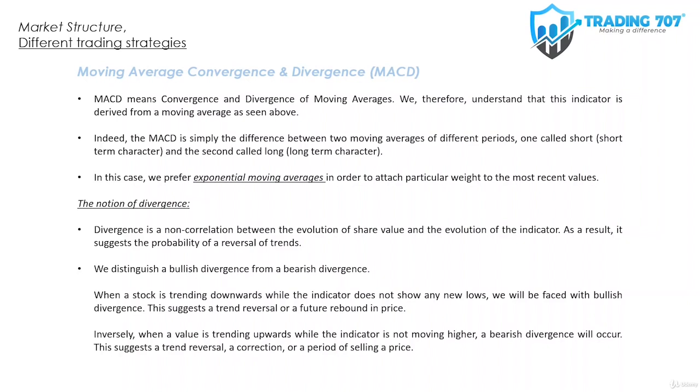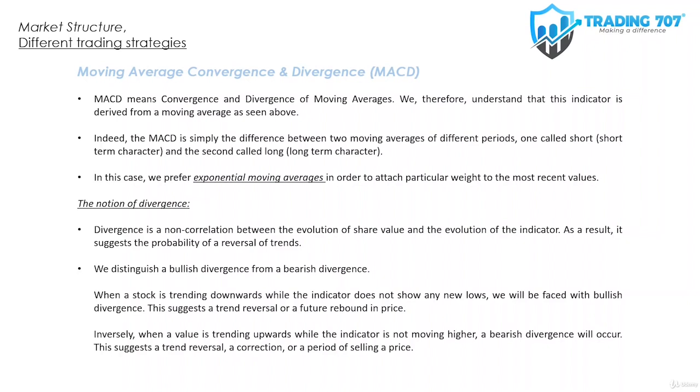Let's see the notion of divergence. Divergence is the non-correlation between the evolution of a share value and the evolution of the indicator. As a result, it suggests the probability of a reversal of trend. We distinguish a bullish divergence from a bearish divergence.